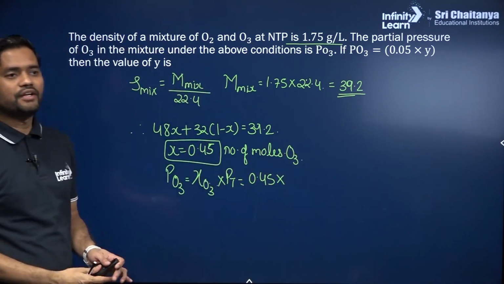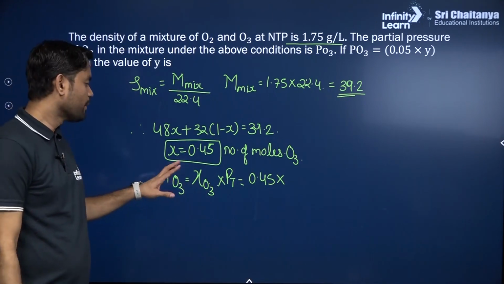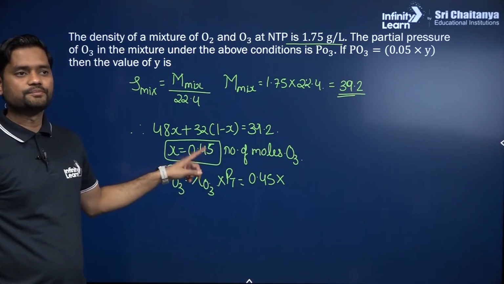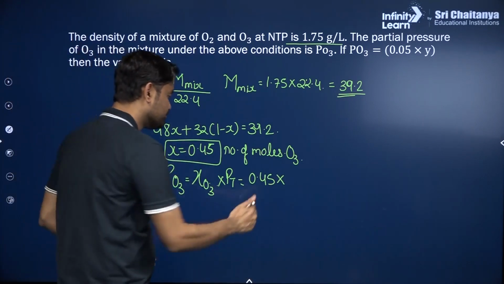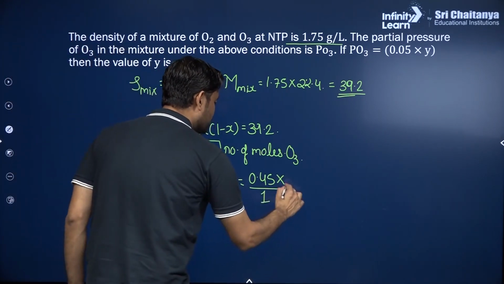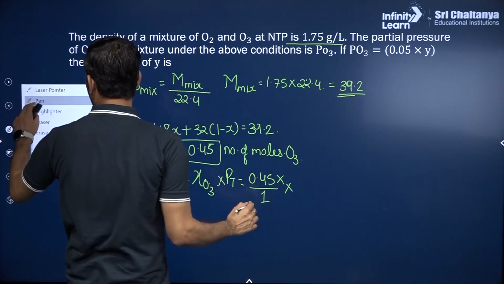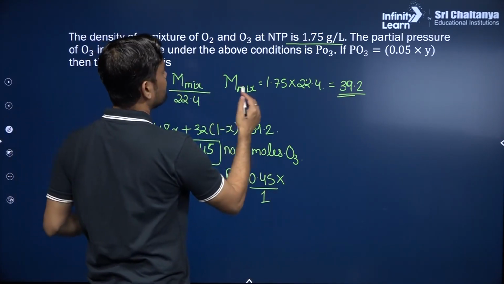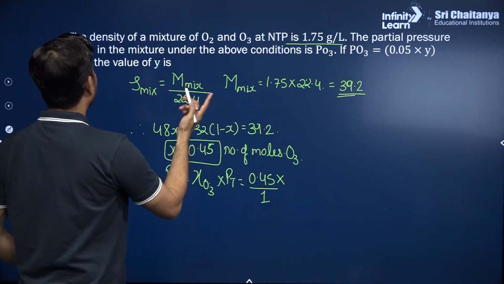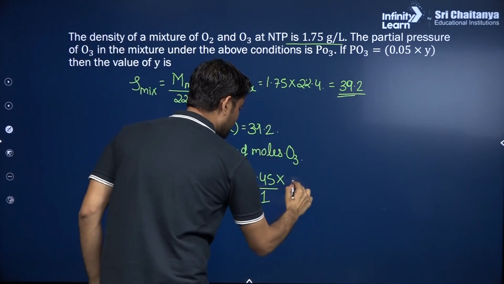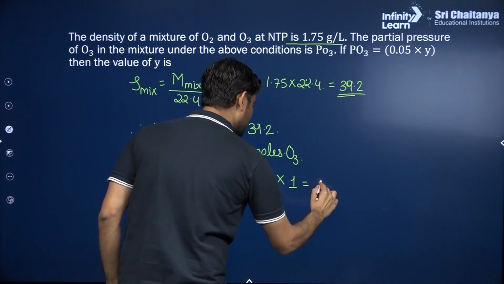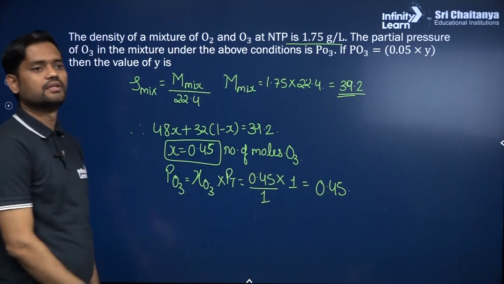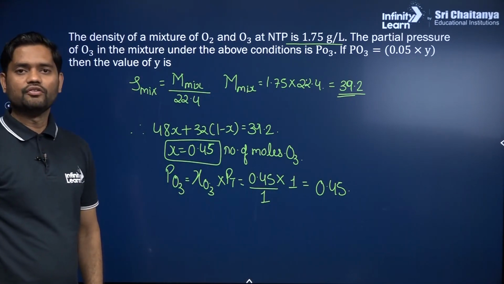And over here, what we need to calculate is mole fraction. So number of moles of ozone, that is 0.5 by 1, and the total pressure is how much? I guess it is 1. So at above condition it is 1. So you will get answer as 0.45.